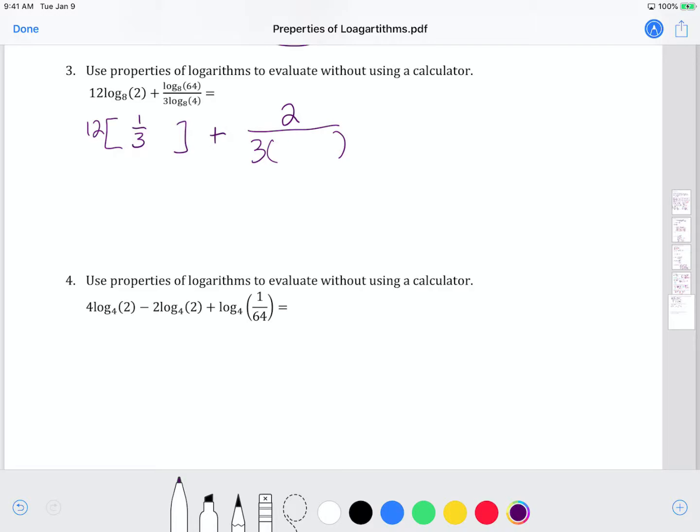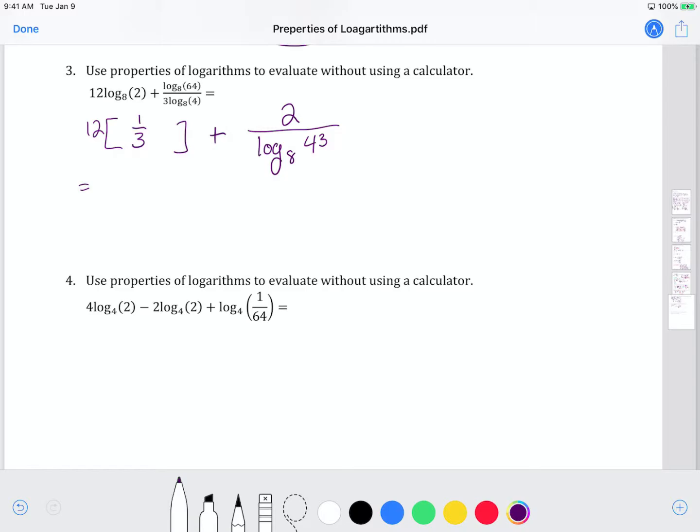Now, what we can do to make this easier is bring that 3 up in front of the 4 and use my power rule. So I'm going to write this as log base 8 of 4 to the 3rd.